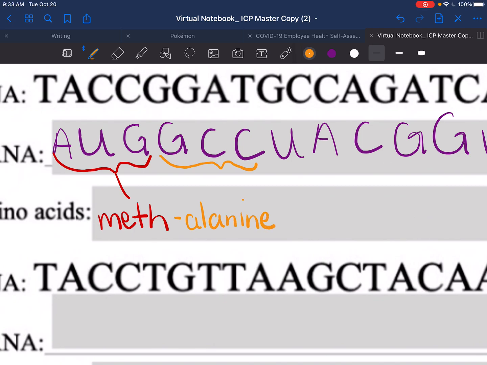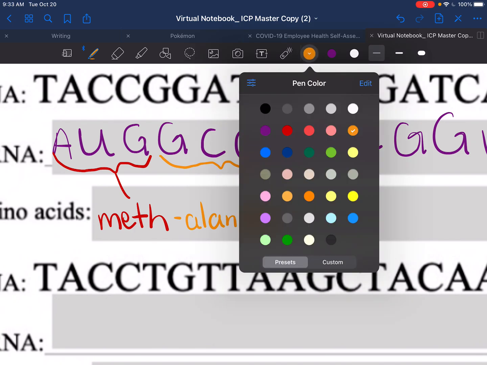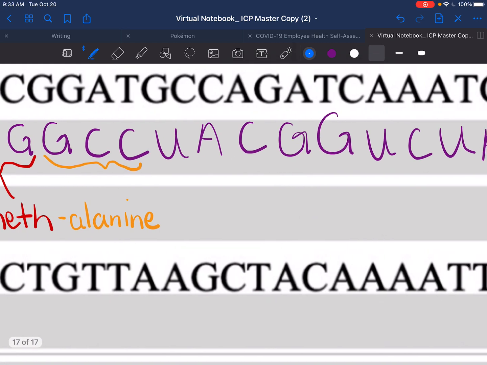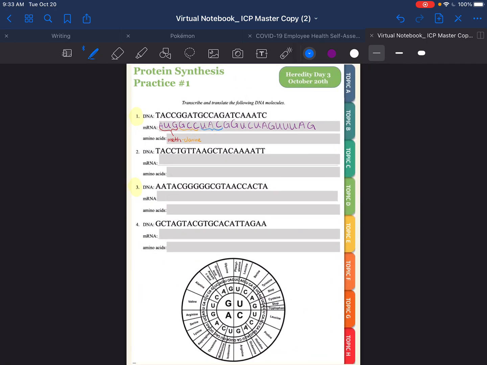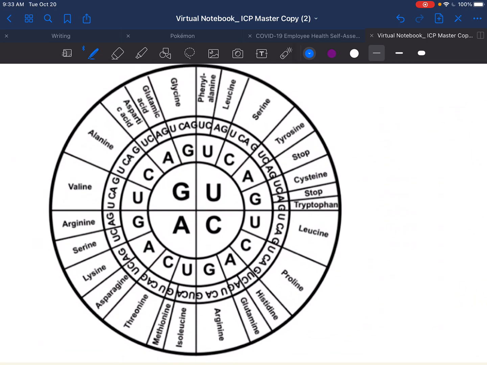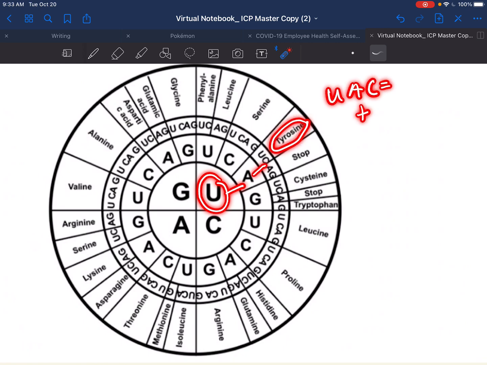And then I'll move on to my next codon. I know I shouldn't stop yet because I haven't hit a stop codon. My next one is UAC. So UAC is tyrosine. UAC equals tyrosine.